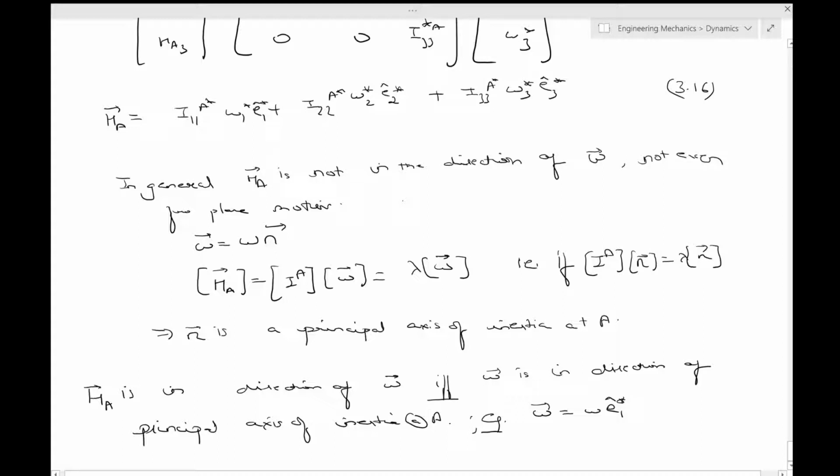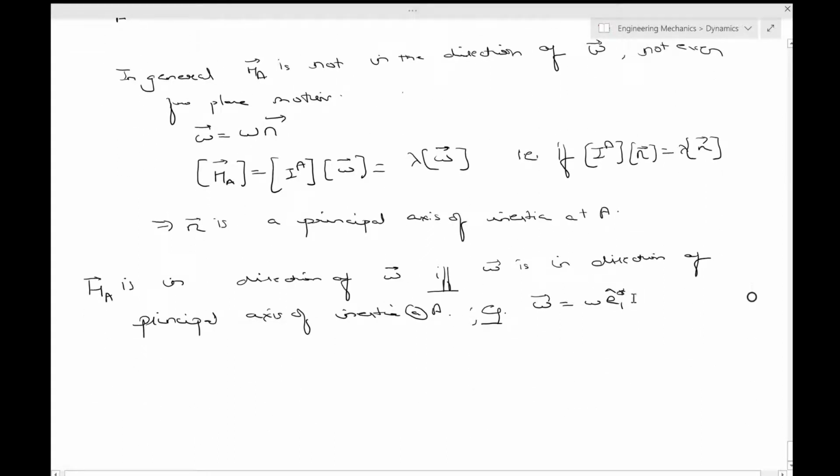So every time you see a star, it automatically means it's a principal direction. Okay, so you have E1 star like this.